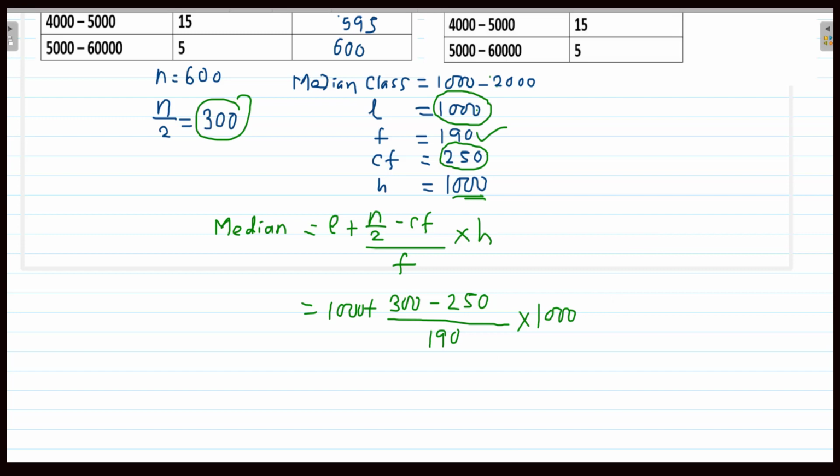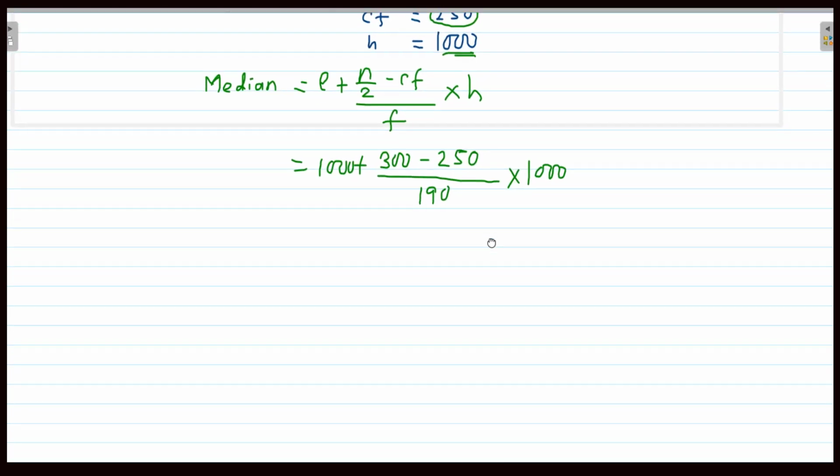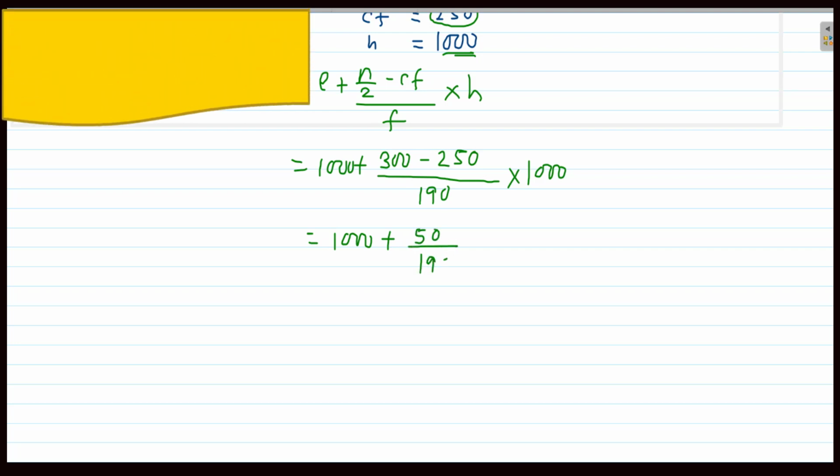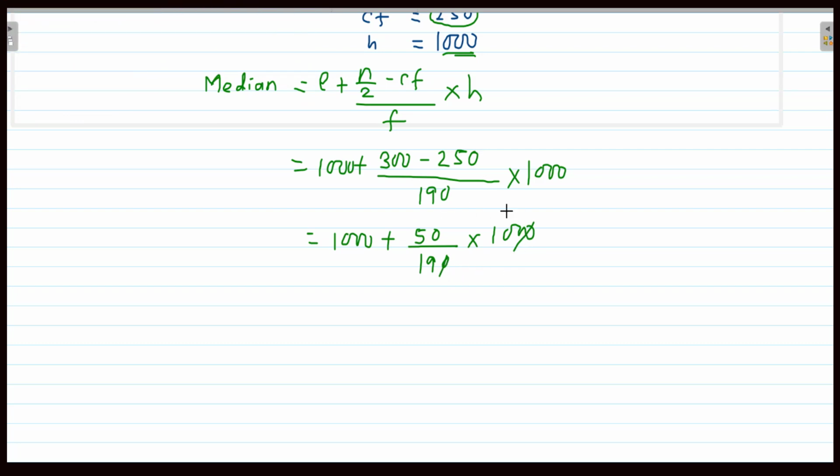Now nothing is left, just calculate this to get the median. So which is equal to 1000 plus 300 minus 250, that is 50, by 190 multiplied by 1000. So 10 and 10 will get cancelled. First solve this to get it in decimal form, and then add it to 1000.